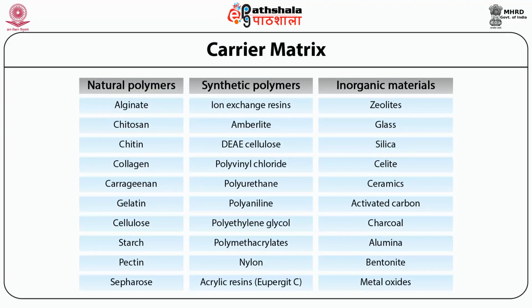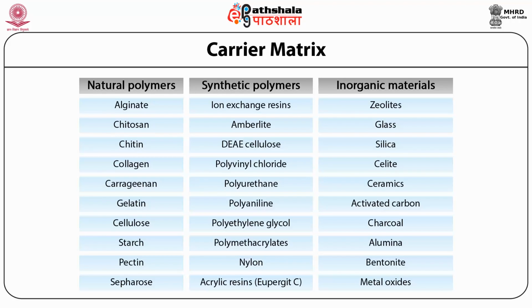So in this table we have different natural polymers, synthetic polymers and inorganic materials that are used as carrier matrix. Natural polymers consist of alginate, chitosan, chitin, collagen, gelatin, cellulose, starch, pectin and saccharose.